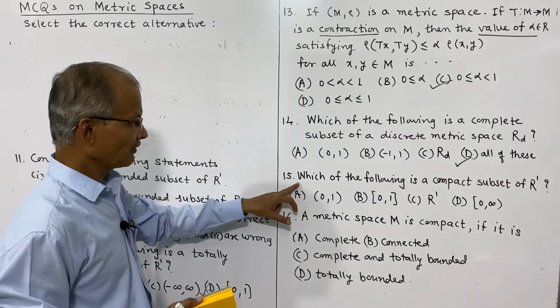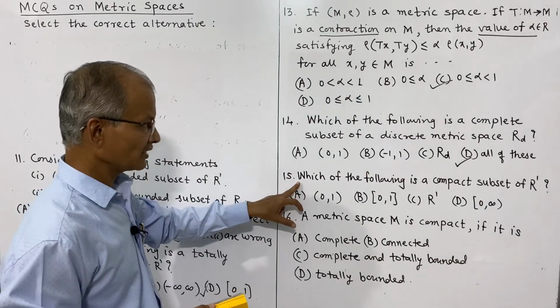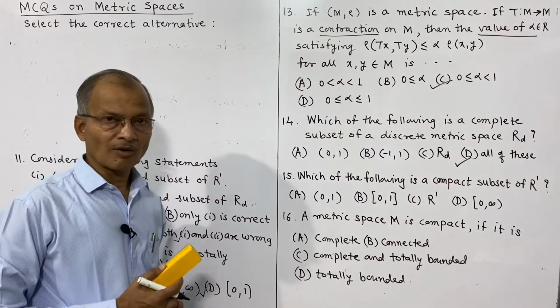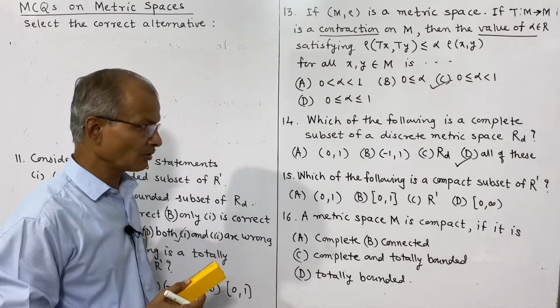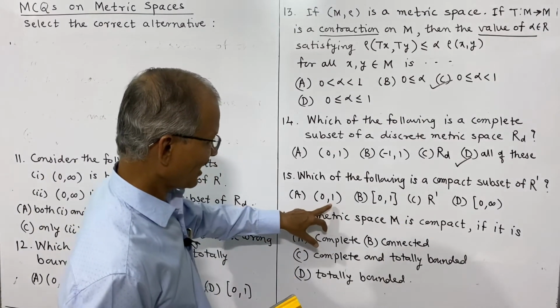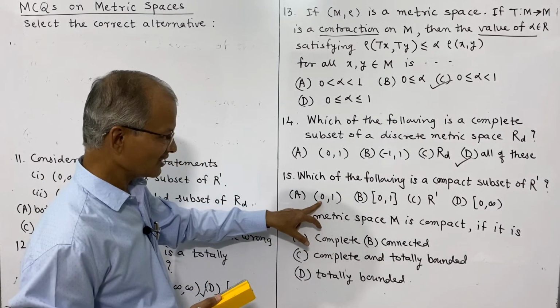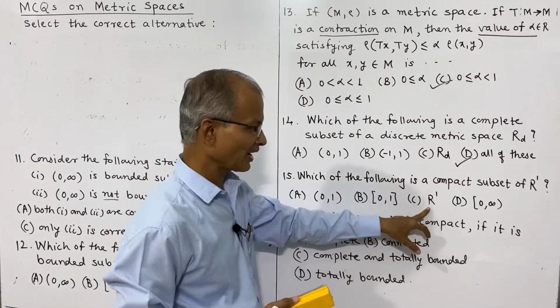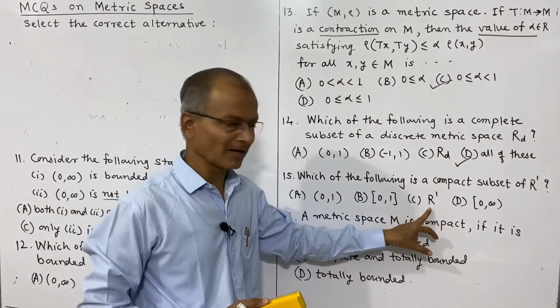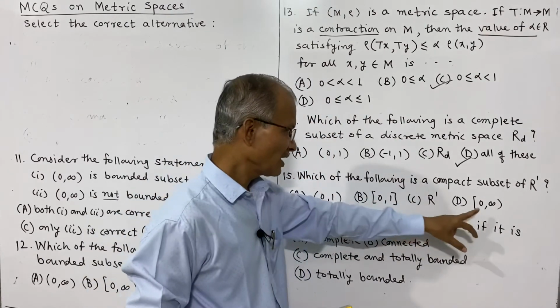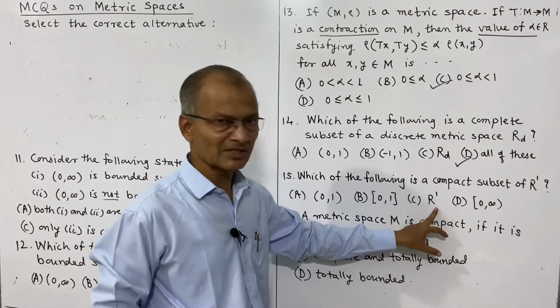The 15th question is: which of the following is a compact subset of R1? Compact means it must be complete and totally bounded. The interval (0, 1) is not complete, so it is not compact. R1 is not compact because it is not totally bounded; it is an infinite set.